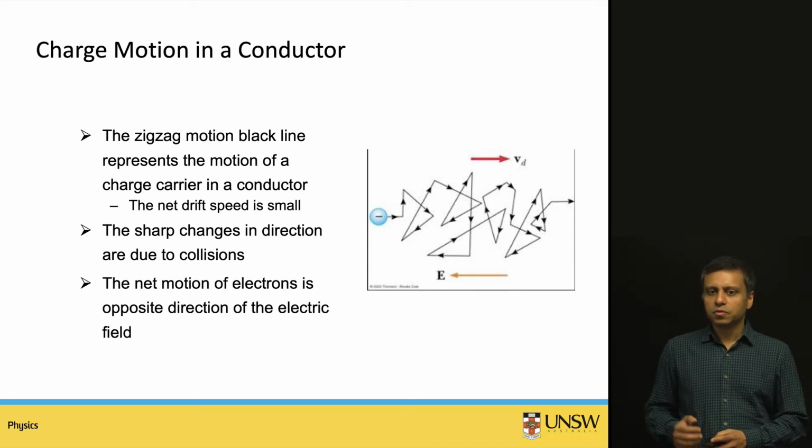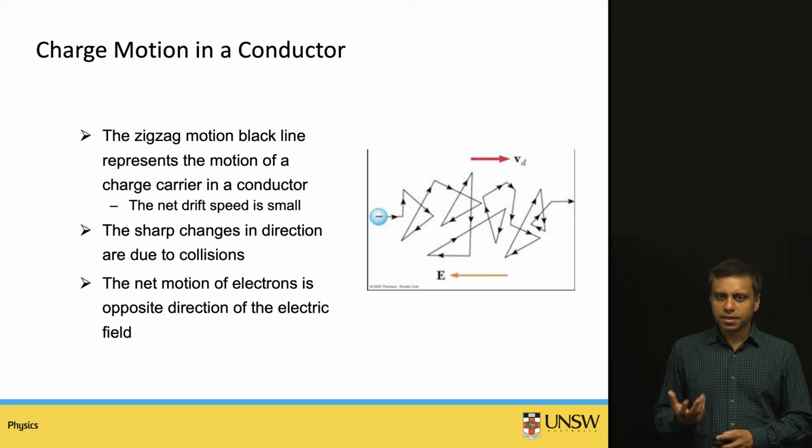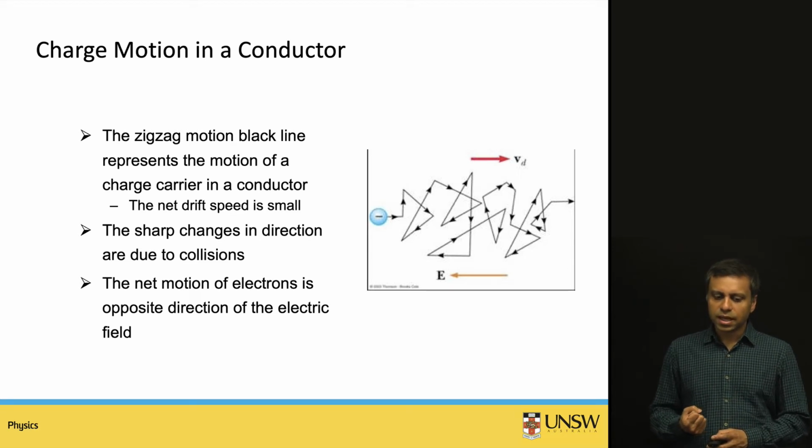Because as the electron moves, it makes collisions with various entities in the material. For example, it could collide with other atoms that are in its path. It could collide with other electrons that are also flowing. It could collide with lattice vibrations also, which you will learn in a higher physics course. So there are many factors.